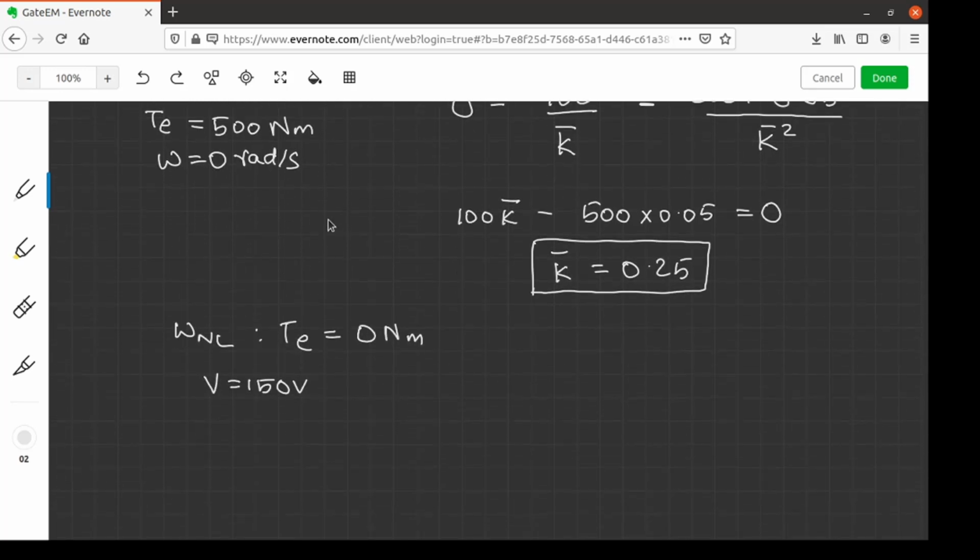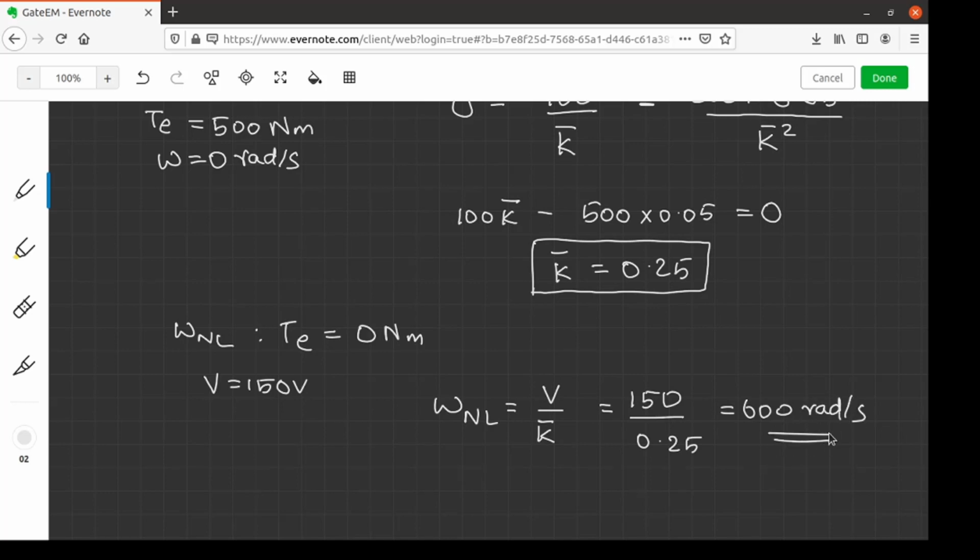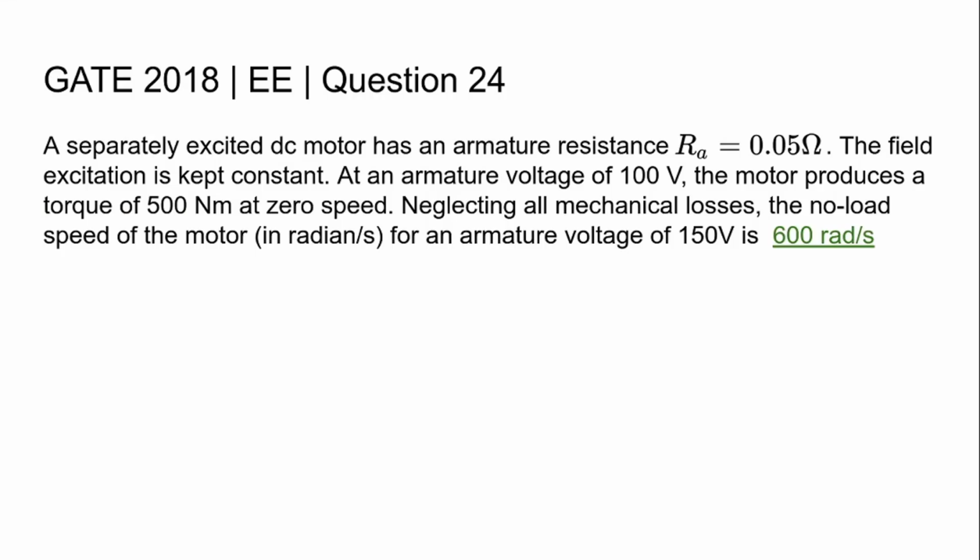So you can compute omega no load equals V by K bar, which is equal to 150 by 0.25, which is 600 radians per second. So the no load speed of the separately excited motor for an armature voltage of 150 volt is 600 radians per second. Thank you.